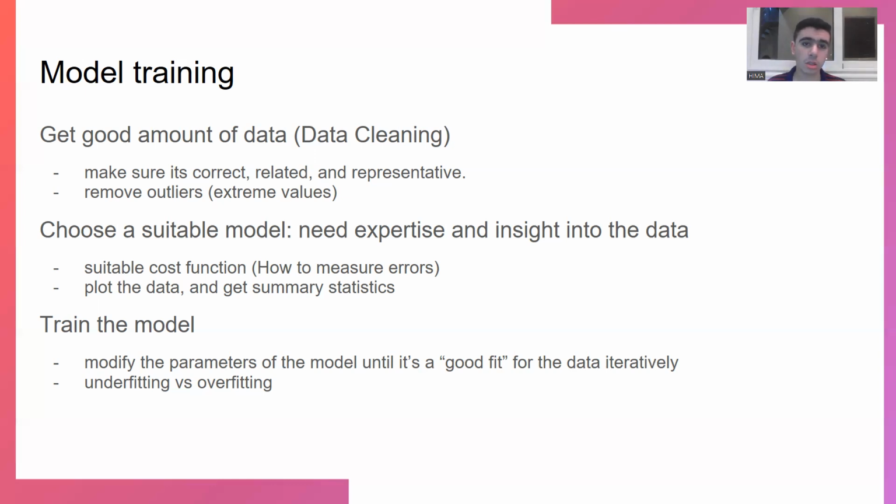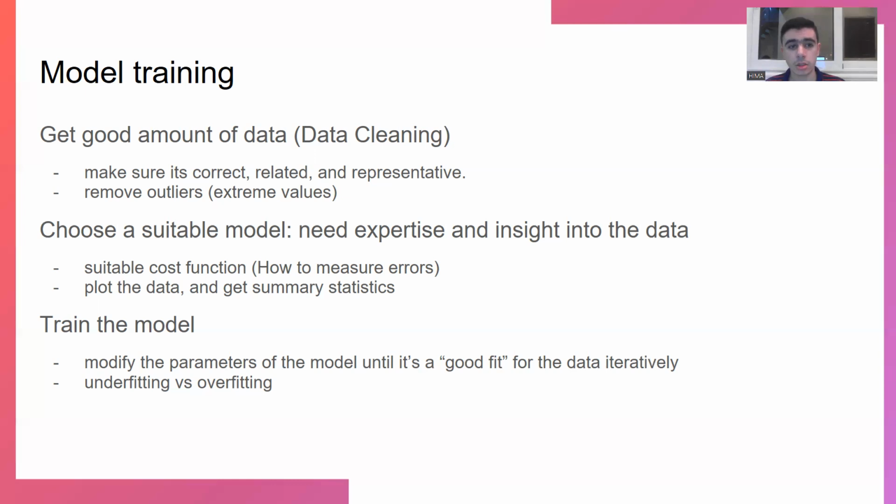To get insight into what model to use, we will need to plot the data and also get summary statistics of the data that we have. Also choosing a good cost function, which is how we measure the error of our prediction, can really decrease the training time. We will delve into each one of these in detail in upcoming sessions.